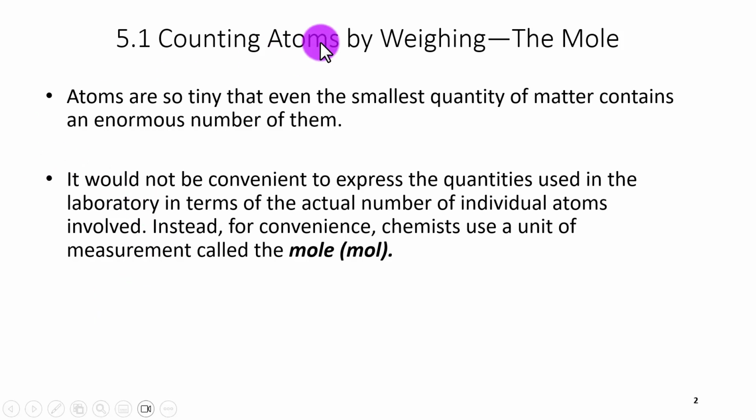So even the smallest quantity of matter contains an enormous number of atoms because the atoms are so small. So instead of counting individual atoms, we use a unit of measurement that is called the mole. Not the animal, but a measurement of atoms, short for mole.